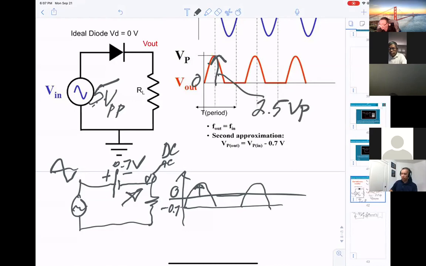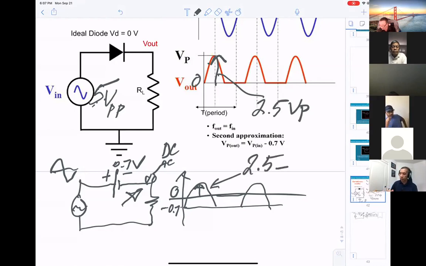However, in this case, what do you get? 2.5 minus 0.7, that is 1.8. I don't care what it equals. However, you understand the peak has to be measured from 0 to the top. Basically, it's already going down right here, 0.7. Okay, that's a key thing you have to know.